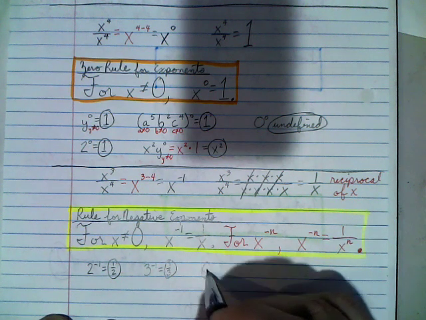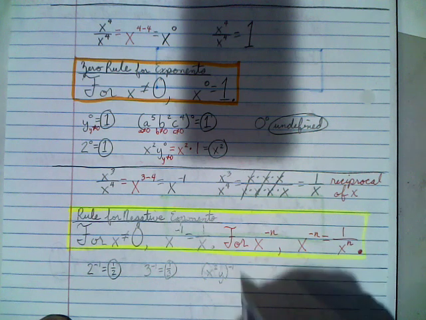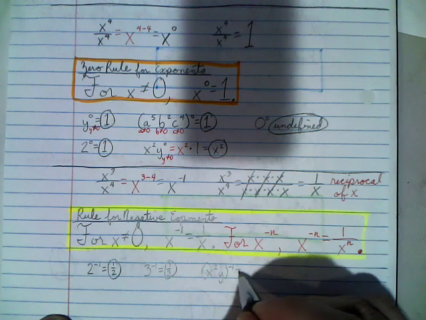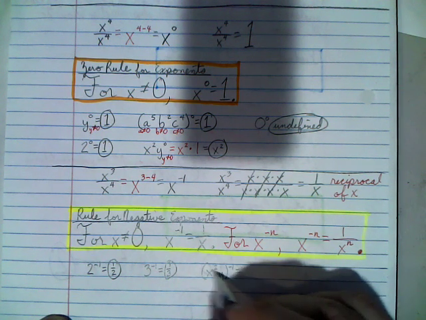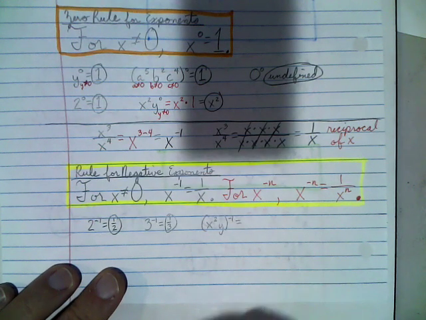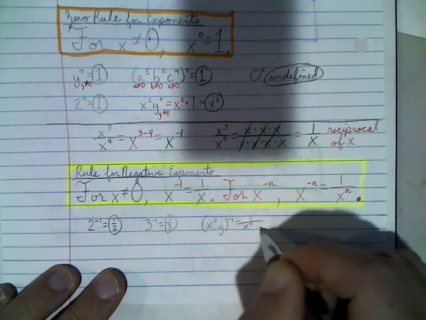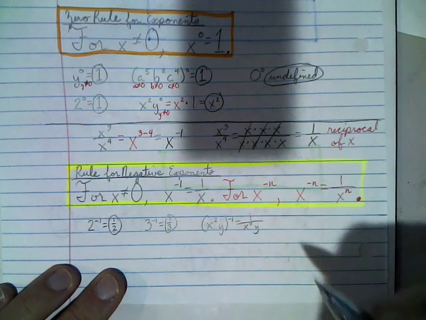If I were to do x squared y, all to the negative first power, well, that whole thing, since it's grouped together in parentheses, would become my denominator. So this would be 1 over x squared y.